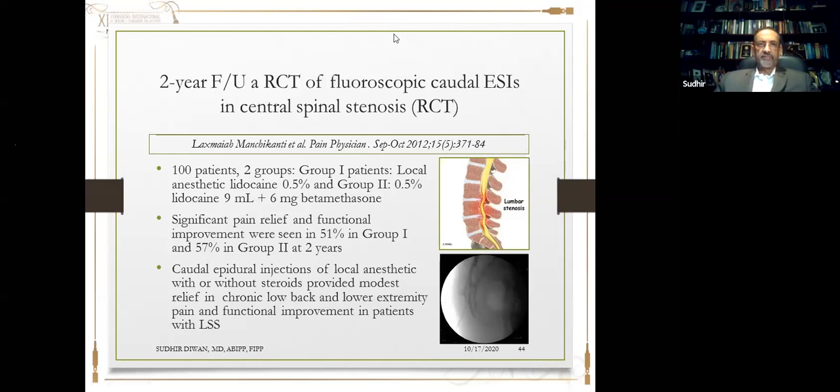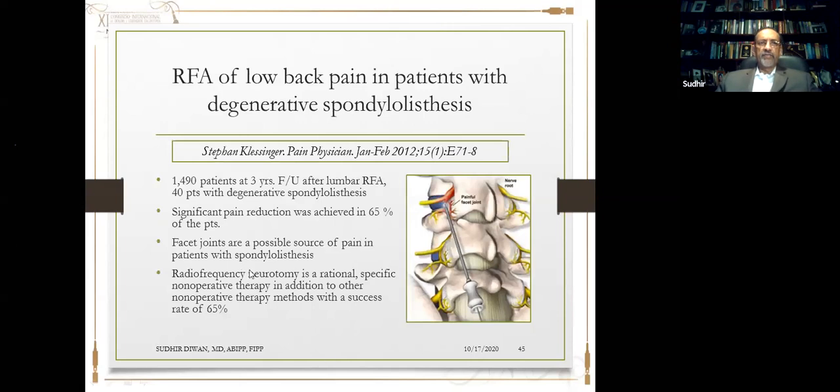Radiofrequency again has a role in spinal stenosis, not for the spinal stenosis per se, but one of the contributors is spondylolisthesis, which contributes to your back pain. This is a retrospective review of close to 1,500 patients with 3-year follow-up, and they found that 65% of patients responded very well, with 65% pain relief for 6 months.